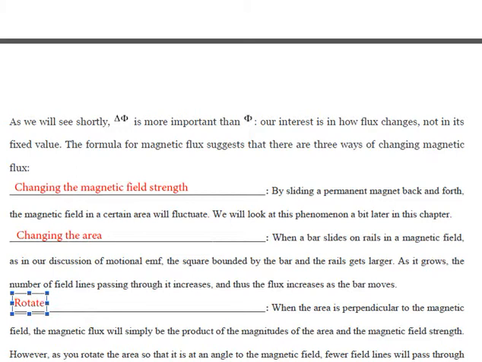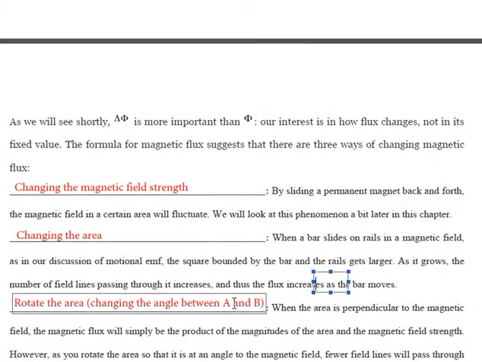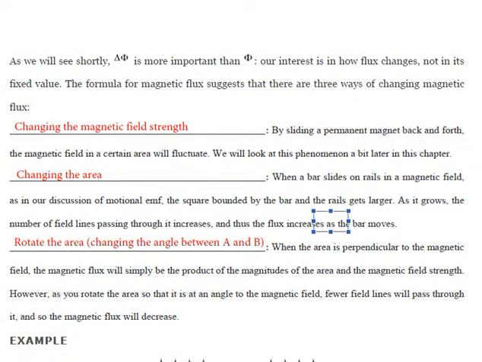So we'll say rotate the area that the flux is going through, and just in parentheses we'll call that changing the angle between A and B. So changing the angle between the area A and the magnetic field B. So if the area is perpendicular to the magnetic field, the flux is just the product of B times A, or A times B as it's written here, was BA in our equation.